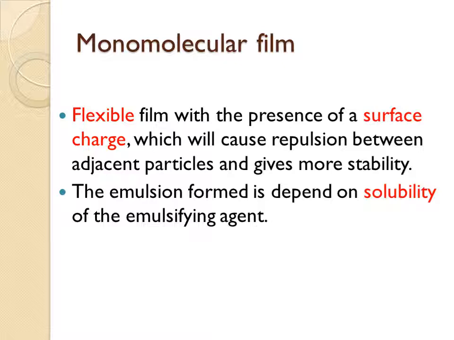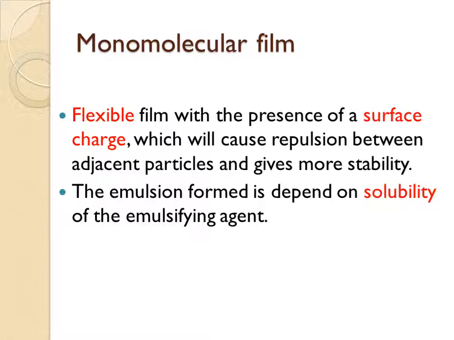The polar head has a functional group, and when it comes in contact with water, it gets partially dissociated and causes charge formation. When the polar head has a charge, this charge additionally gives stability to the emulsion in the form of a potential that is created.